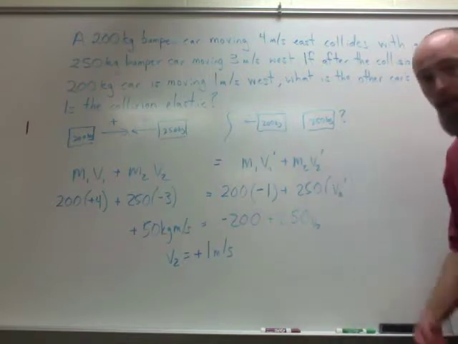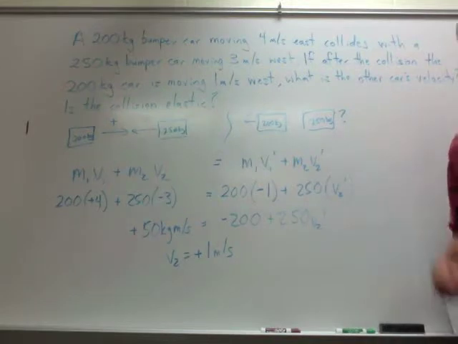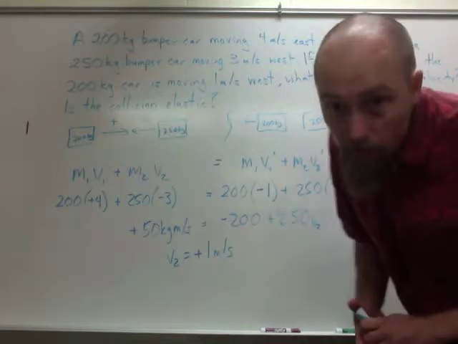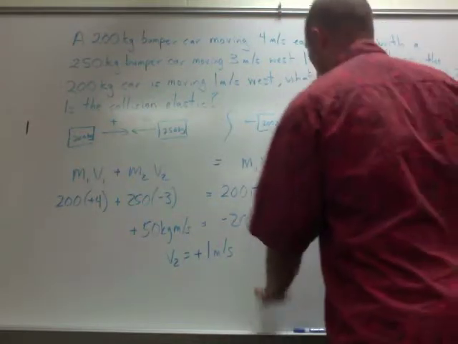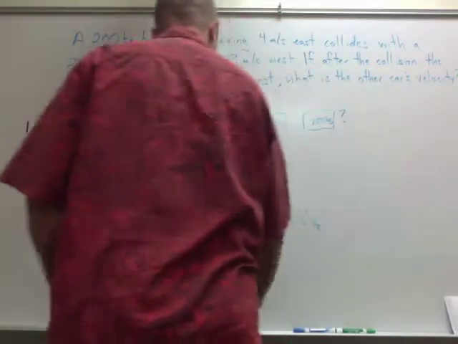So now I need to decide: is this an elastic collision? To determine that, you have to realize that in elastic collisions, kinetic energy is conserved. So I'm going to erase this since we already did the momentum. Now we're just going to figure out, is kinetic energy conserved?